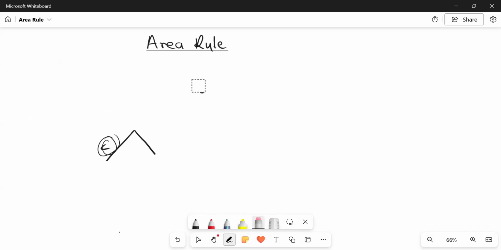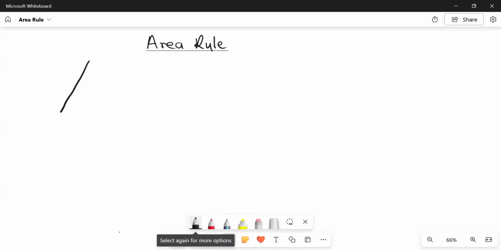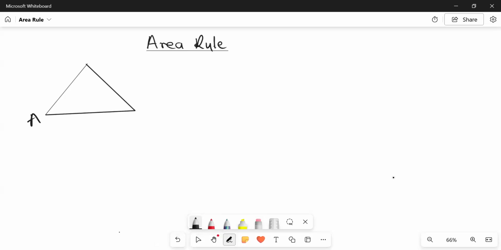So let's say now we are given an acute angle, right? Let's say we are given an acute angle triangle of this kind, where this is your A, this is your B, and C, right?